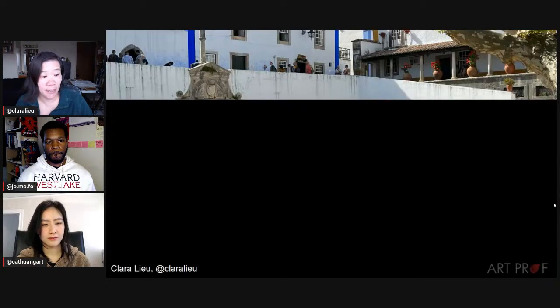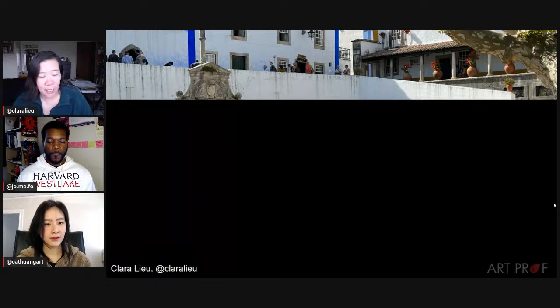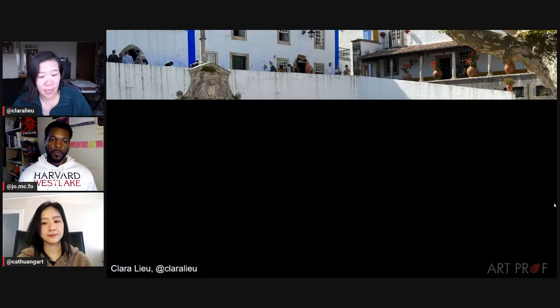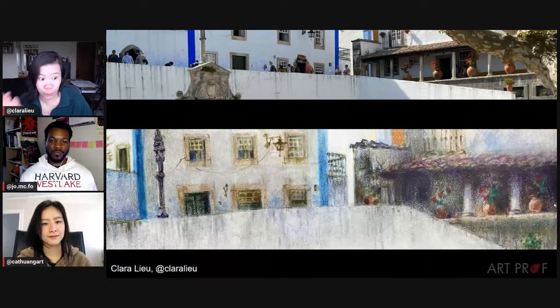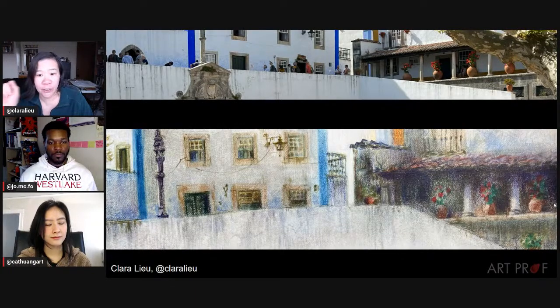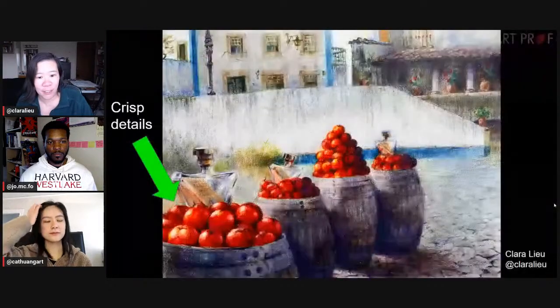So if you do a comparison, this is the background in the reference photo, and those blue stripes, they are crisp. They look like they were collaged on top of the scene, but I chose in my drawing to actually make them really light in value. I cut back on the contrast, and those little pots of flowers on the right-hand side, they're pretty detailed, but I barely touch them in my drawing.